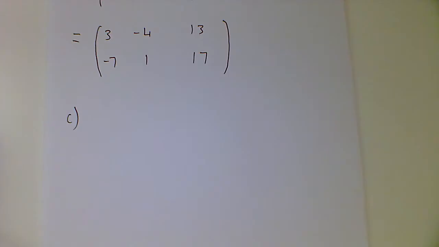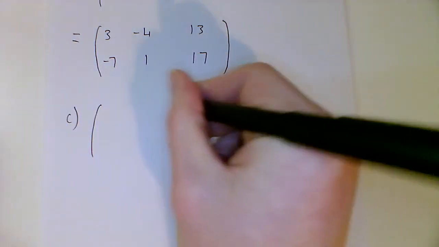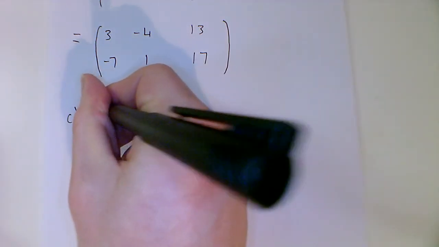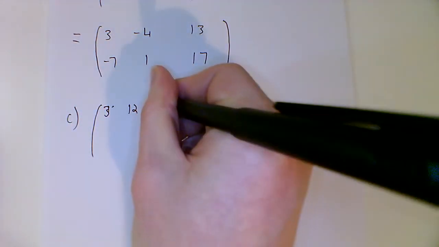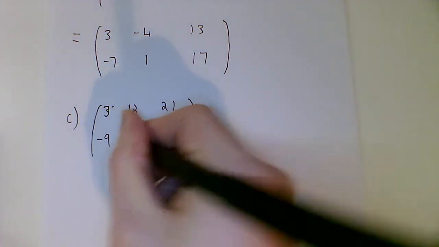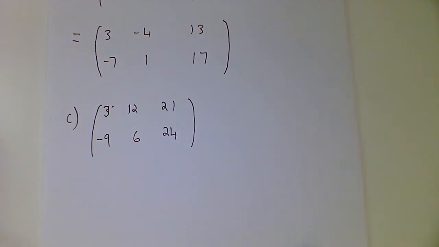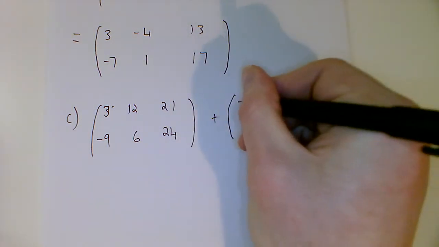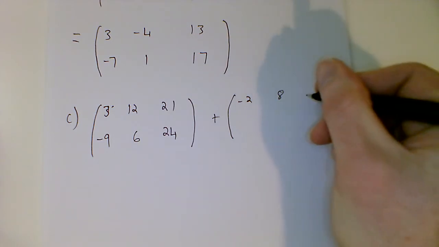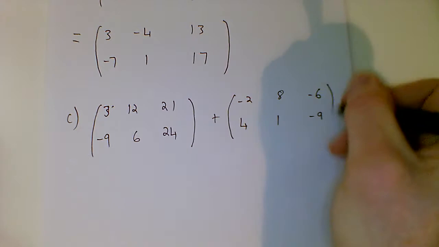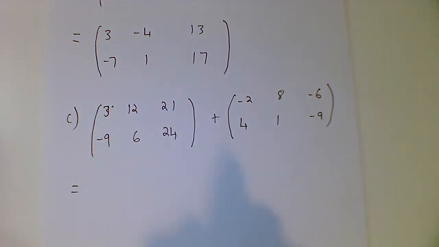So if I multiply matrix A by 3, I would get 3, 12, 21, negative 9, 6, 24. B is staying the same because I'm just adding that on. So I just add those on.